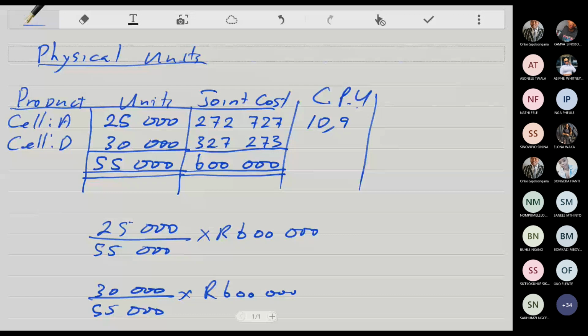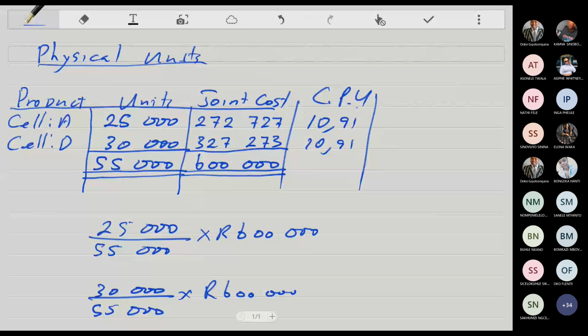Take again 327,273 and divide by 30,000. And you see the cost per unit is again 10 rand 91 cents. As they've said, the cost per unit is going to be the same. So that's what you can do to test whether your calculation is correct.